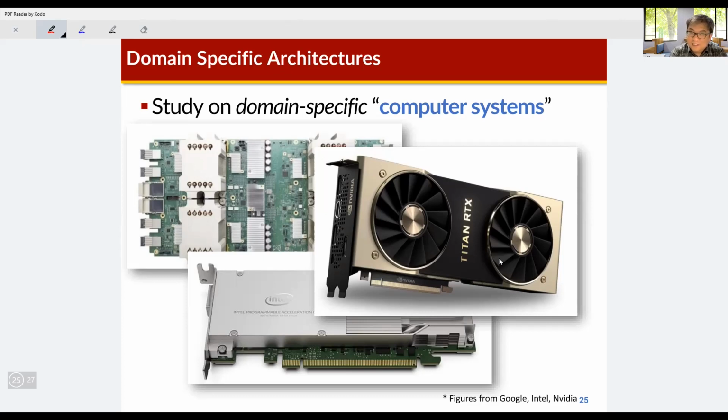So as you can see, recently in modern computer systems, accelerator research is very critical and important. And this processor design and processor research is becoming the mainstream of the research trend in the computer architecture field.